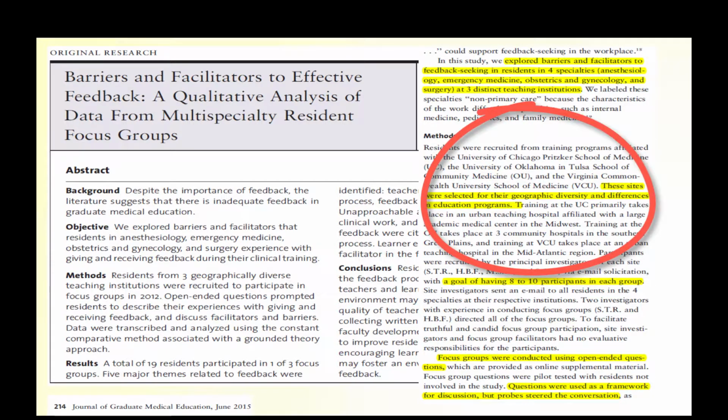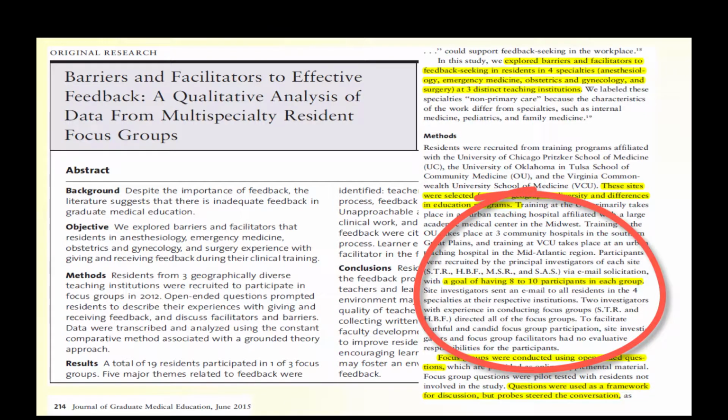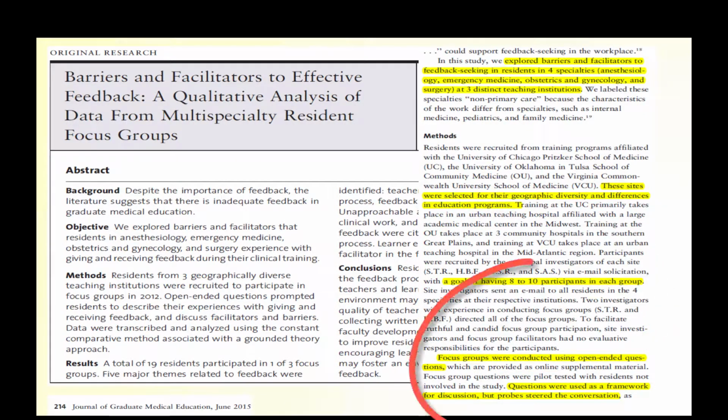The sites were selected for geographic diversity and differences in the education programs, and you'll notice there was a wide variety of different representations. The goal was to have 8 to 10 participants in each group, using focus groups conducted with open-ended questions. The questions were used as a framework for the discussion, but again, probes were used to help steer the conversation.